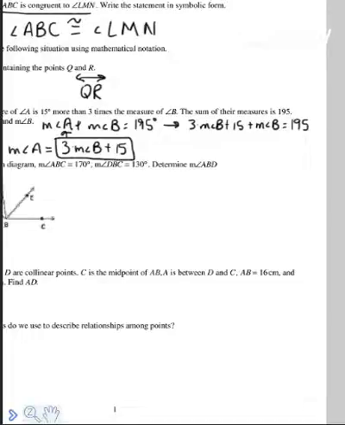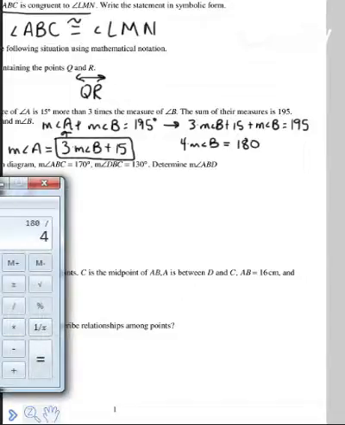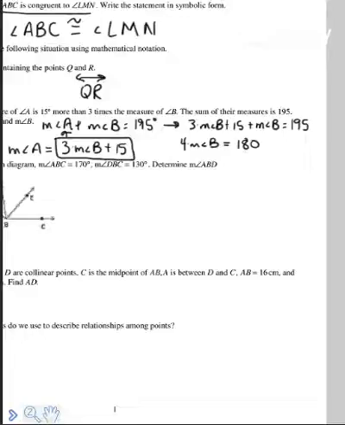Simplifying and combining like terms is 4 times the measure of angle B, and then if you subtract 15 from both sides, you get 180. And if you divide 180 by 4, you get 45. So the measure of angle B is equal to 45.